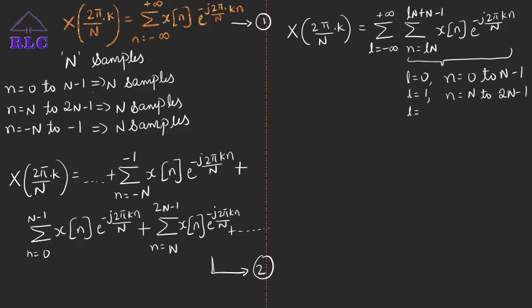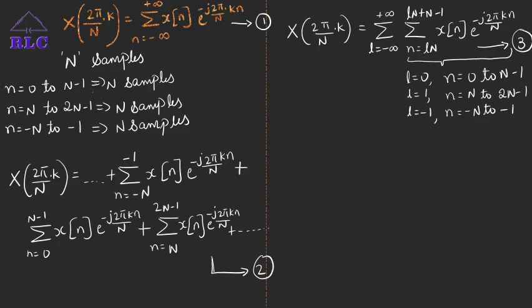If I put L is equal to minus 1, small n is ranging from minus N to minus 1. So equation 2 can be represented as this. Let me consider this as equation 3.